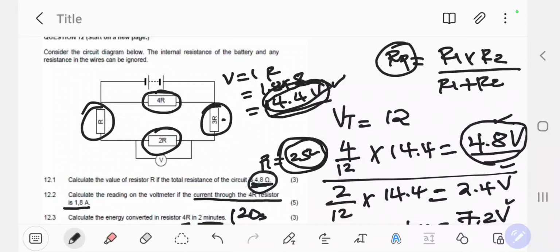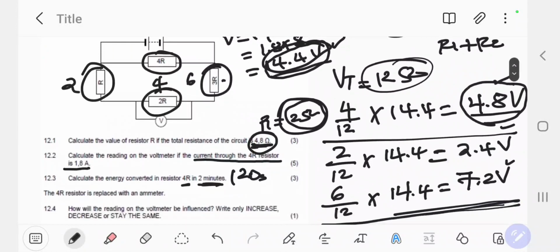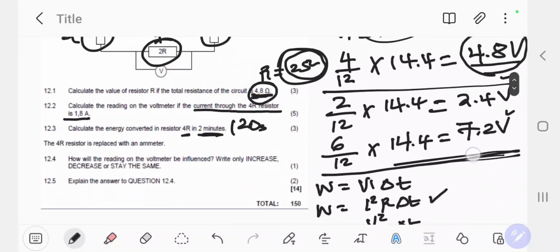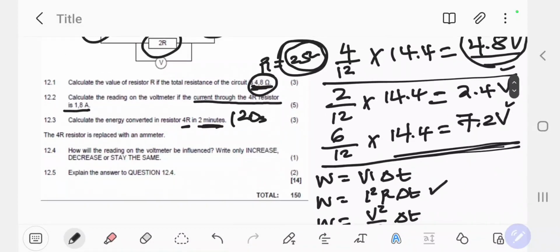Therefore, we are going to look at the new total resistance of the circuit after taking out the 4R. Remember this is 2, this one is 2 times 2 which is 4, and this one is going to be 6. So 2 plus 4 plus 6 equals 12 ohms. So we have a 12 ohm resistance as the total. We are moving from 4.8 to 12 ohms, so we are basically increasing.